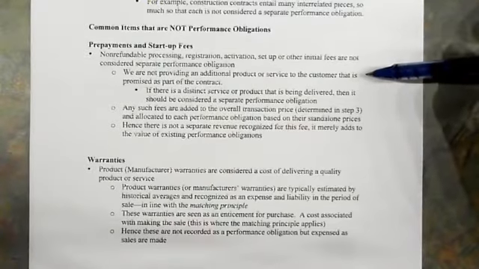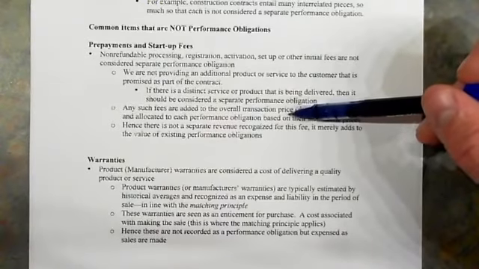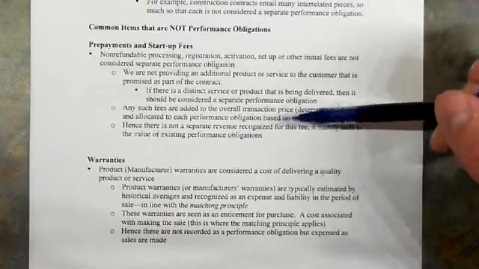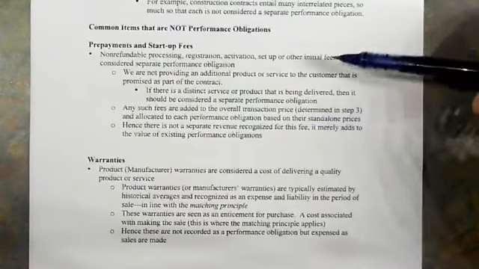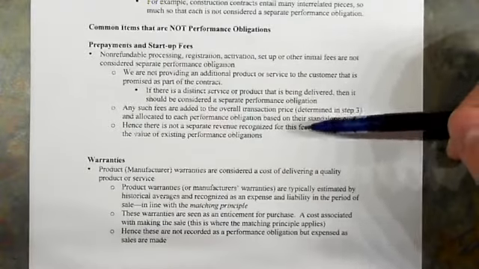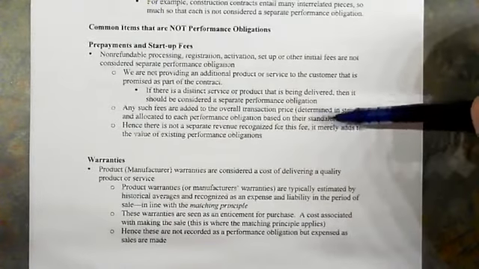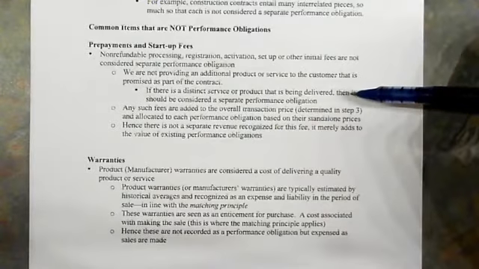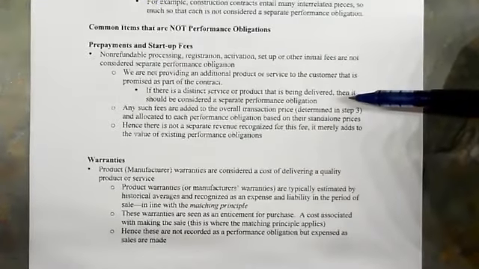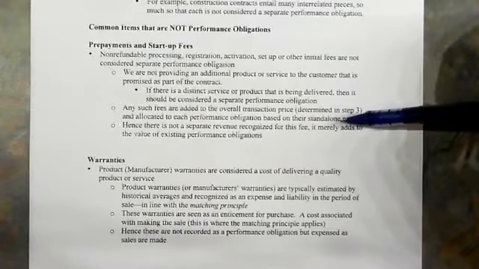In that case, then, when it doesn't provide it, we're just going to add it to the overall transaction price and allocate it across the standalone performance obligations, right? Because there's no separate revenue recognized for this fee, there's no point-in-time revenue, it's just going to add to the value of the other performance obligations. If we are delivering a distinct service or product, then it should be considered a separate performance obligation. But typically with prepayments and startup fees, there is none. Okay.